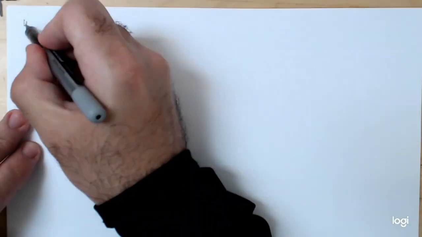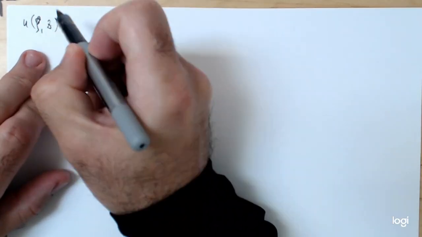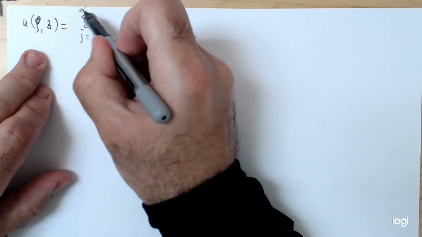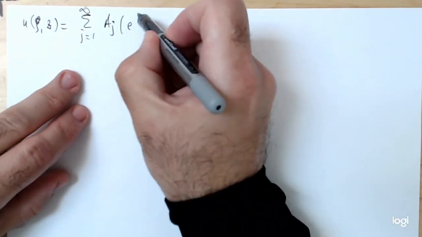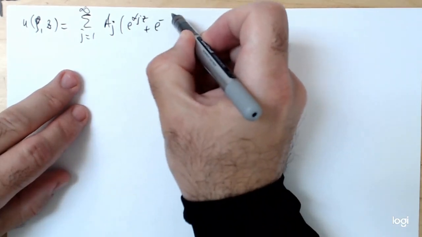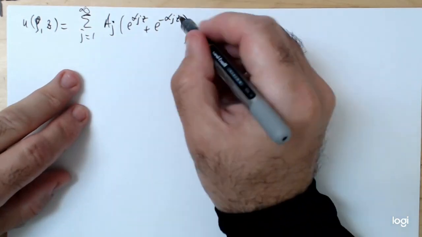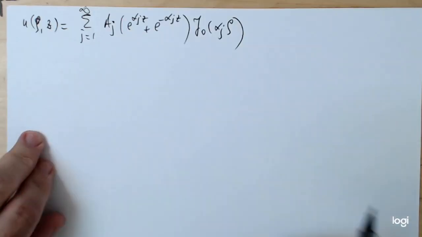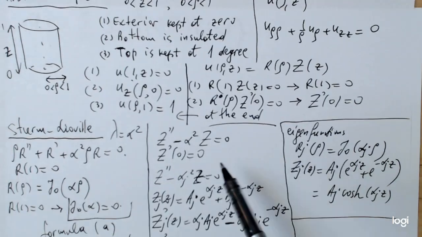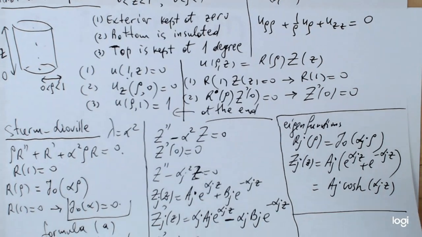So with the superposition principle, my solution u of rho, little z is a series from 1 to infinity. I'm going to start with Zj first. So Aj times e to the alpha j z plus e to the minus alpha j z, times the Bessel function, which is J naught of alpha j rho. So remember, the other condition to deal with, the very last one, was the non-homogeneous one, u of rho 1 equals 1.